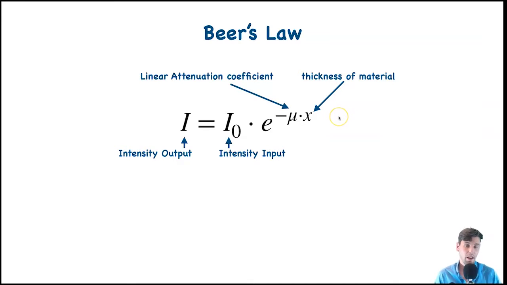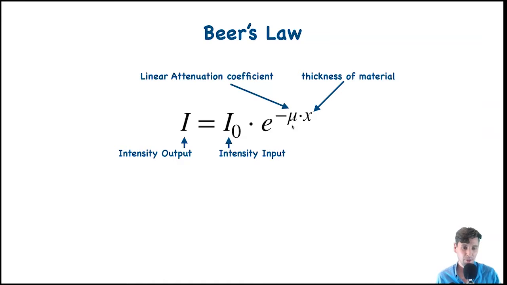So at a high level, the only things that the attenuation or the transmission depends on are that attenuation coefficient and the thickness of the material. And this attenuation coefficient additionally depends on the material and the energy of the X-rays coming through.